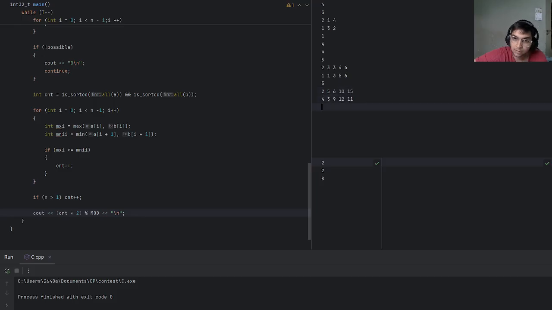439. So there should be 1, 2, 3 times 2, which is 6. And if it is not sorted initially, then it will look like all the water can be sorted.